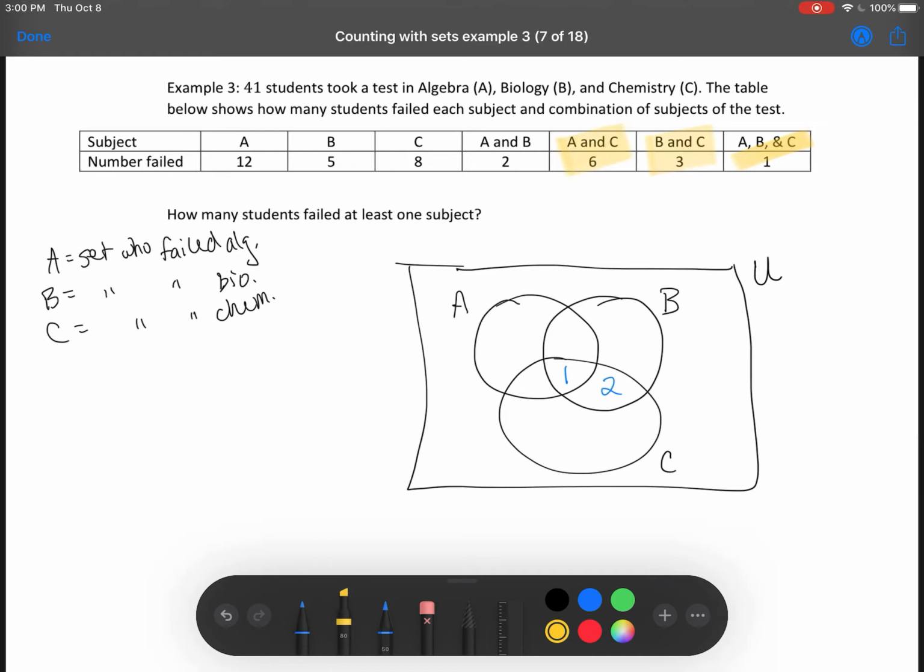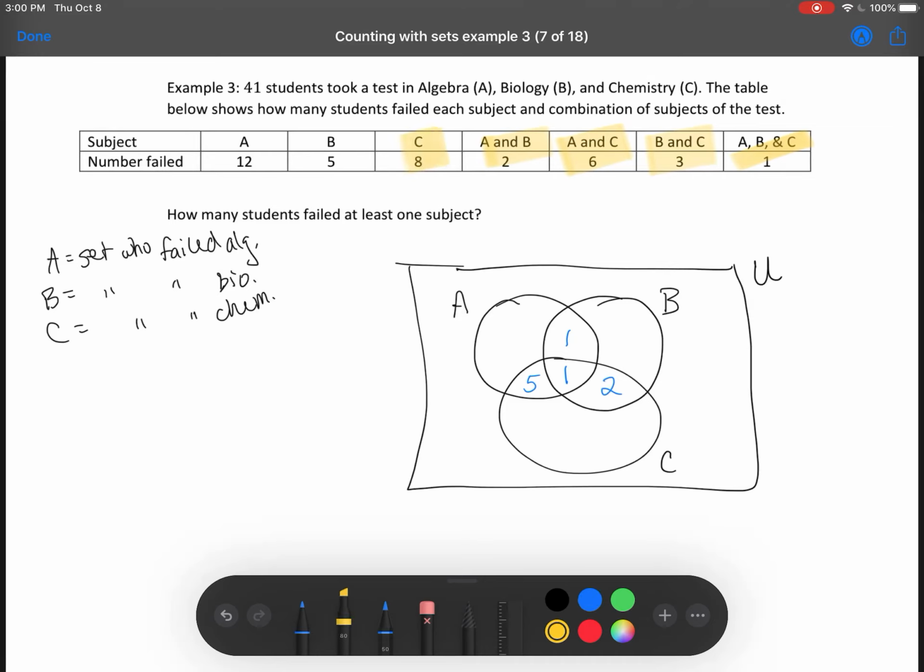Moving on, A and C would be 6, so the intersection of A and C is right here. We already have accounted for 1, which means 6 minus 1, or 5, goes right there. There are 2 people that failed algebra and biology, and again, that would be the intersection of A and B, which is right here. Since we've already accounted for 1 of those 2 people, that leaves just 1 left.